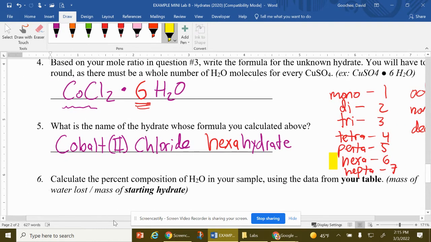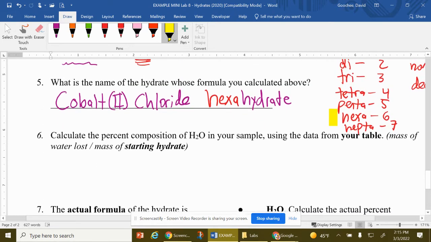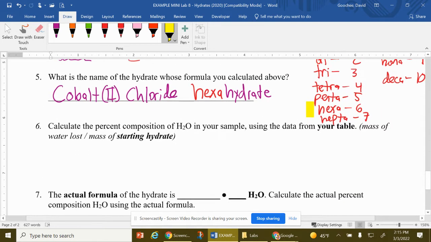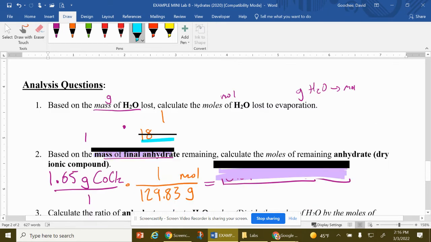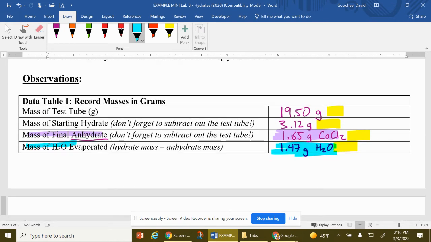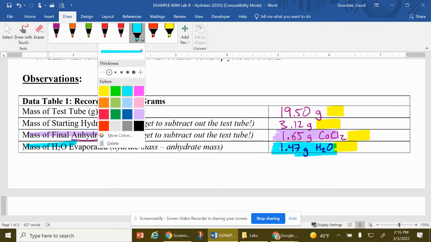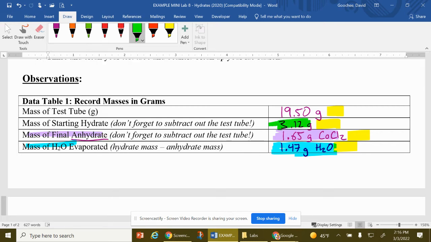So next up, we have to figure out, based on our calculations, what was the percent of H2O in this sample using the data from our table. Percent H2O is the mass of the water that was lost divided by the starting mass of the hydrate. The mass of water lost was 1.47, and the starting mass of the hydrate was 3.12.